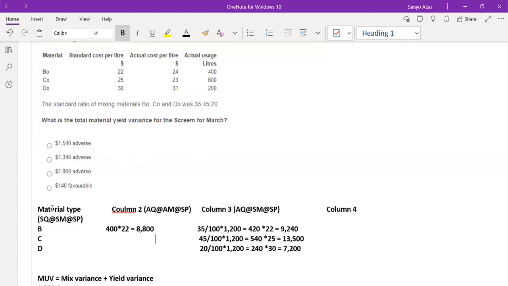We actually also used for the C, 600 times the standard price of 25. We also actually used for the D, 200 times the standard price of 30.